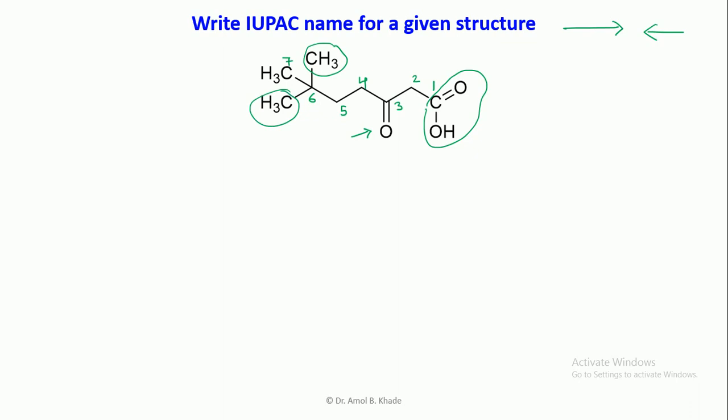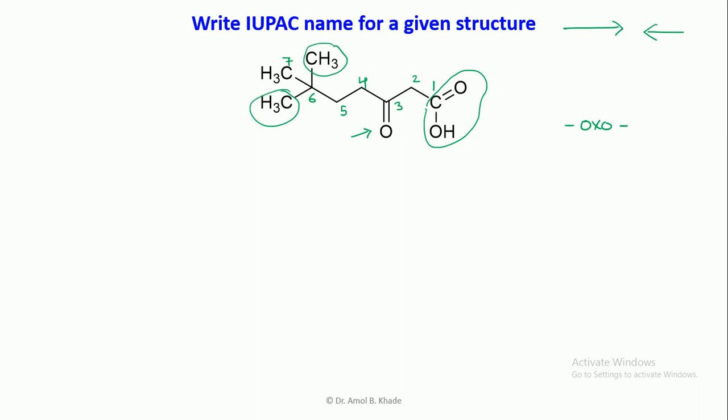So what we have is 2 methyl substituents, and there is one more functionality at carbon 3. So this is the keto functionality. When it is present as a substituent, if you remember the earlier videos, it is represented as oxo. So how can we write the name of this compound? Can you try? You can pause the video and comment your answer in the chat box.